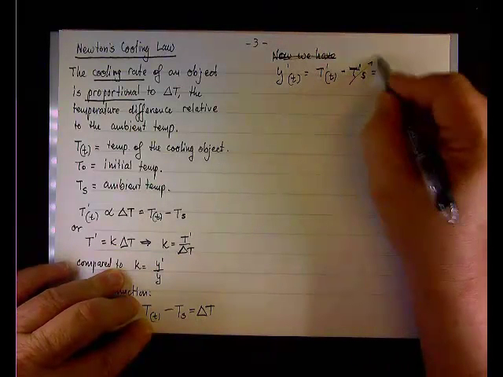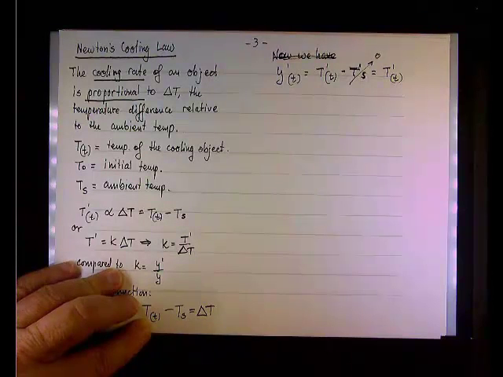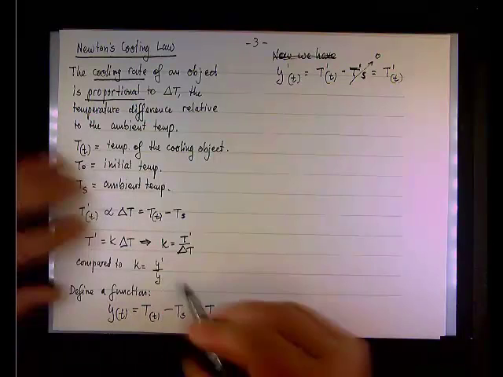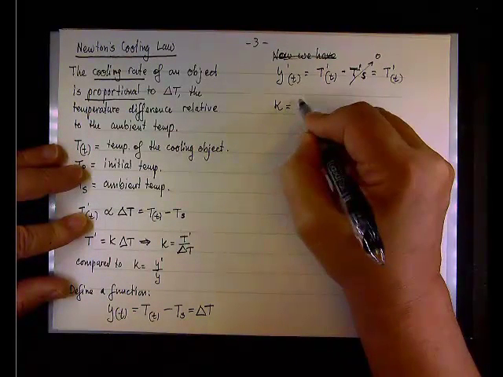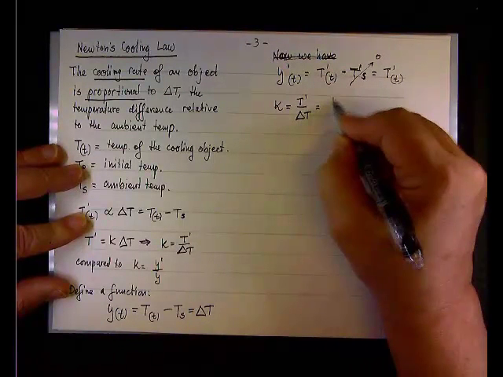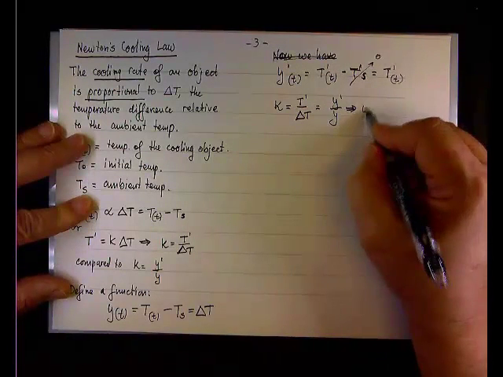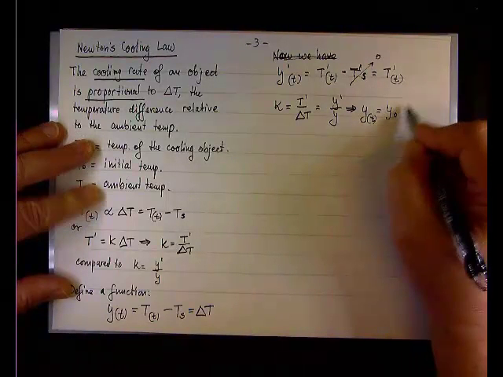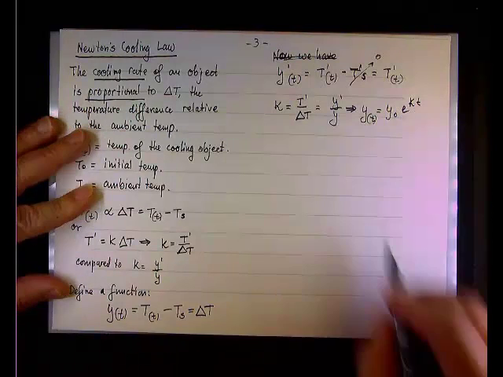So this goes to 0, and we end up having y prime equals T prime. And now we're going to substitute, so we end up having k equals T prime over delta T. I can write it as y prime over y, and remember that this differential equation has only one solution, and the solution will be y sub 0 e to the power of kt, like so.